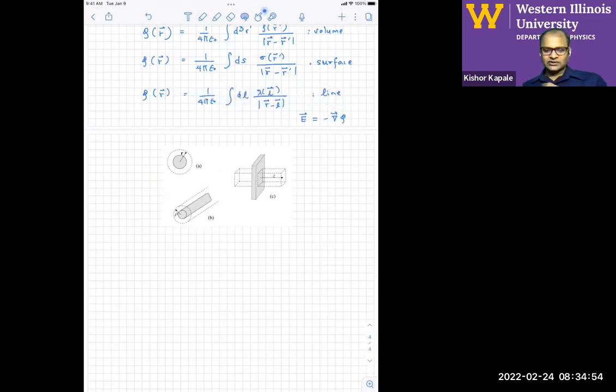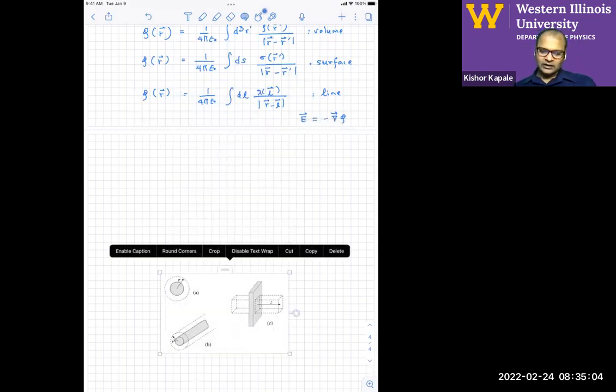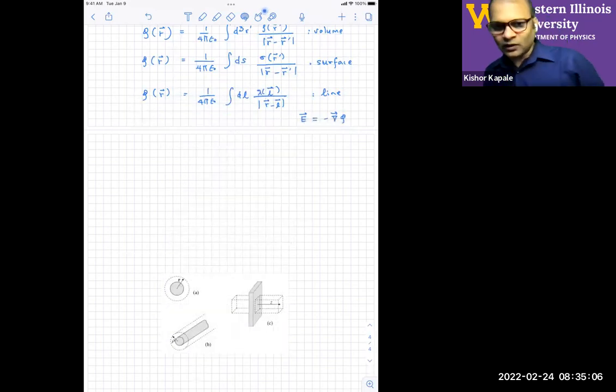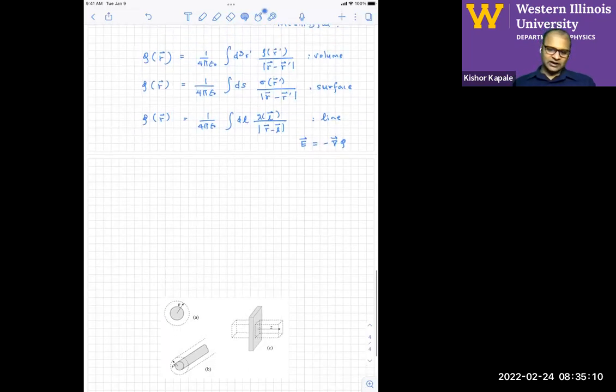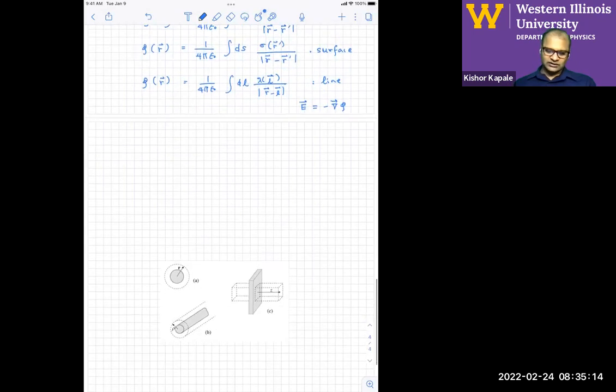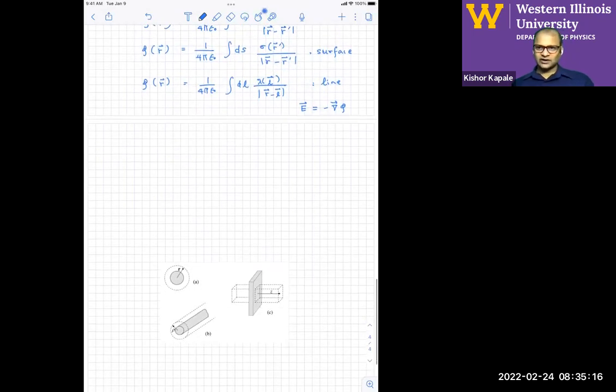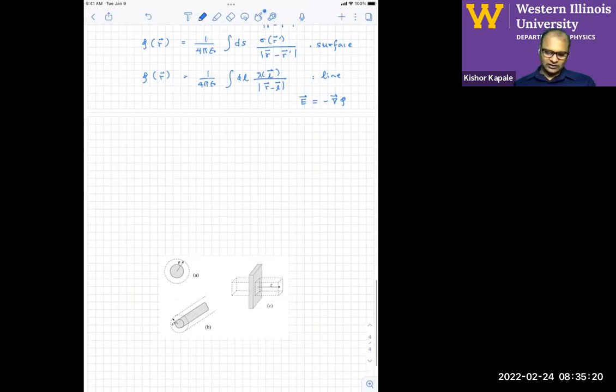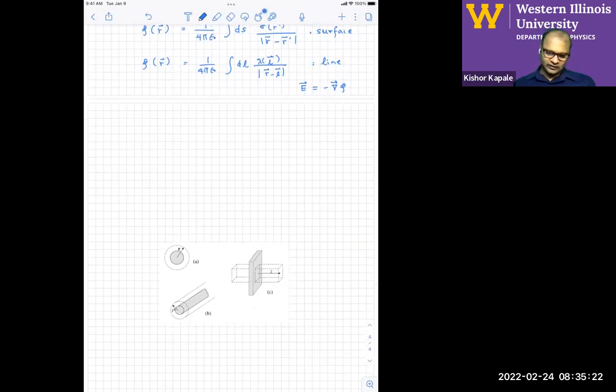But again, this is not really the end of electrostatics, if you will. Just knowing these expressions, they are formally correct always, but doing those integrals is almost always going to be complicated and problematic. And so you don't want to always rely on doing the integrals. What you want to do is instead convert those into differential equations, and differential equations are a whole lot easier to solve because of all the techniques that we are familiar with.